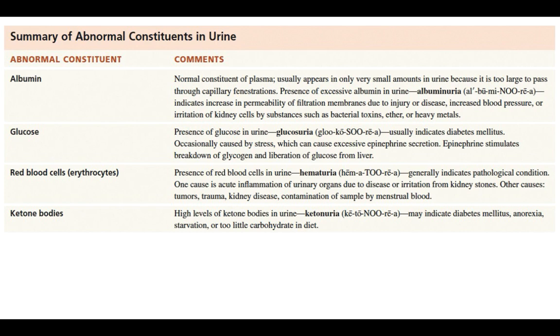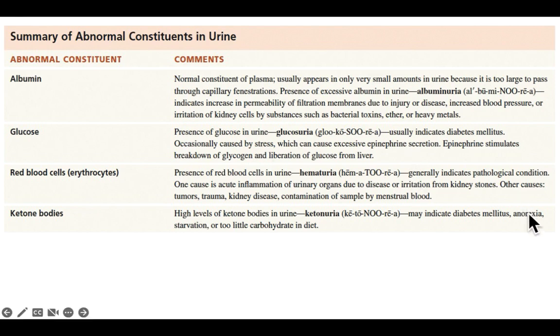Remember, in diabetes, glucose is having trouble entering cells, either because of the lack of insulin or the resistance that the cells have. So the cells aren't getting glucose, and instead of burning glucose, they burn fatty acids and produce ketones. And ketones can cause acidosis of the blood, and they can be found in urine.